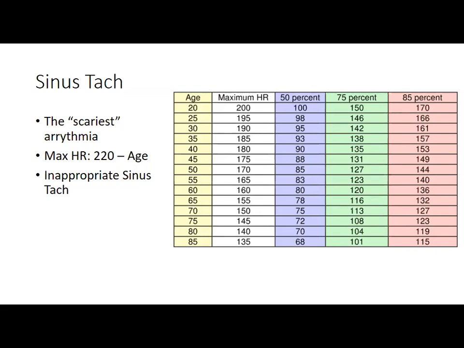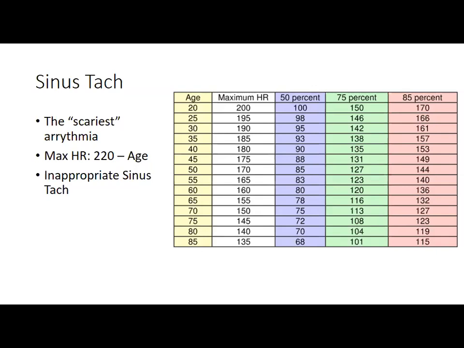So for young people, your max heart rate can get up to 200, but for our elderly population in their 80s and 85s, their max heart rate is going to be 140, 135, even lower as you start to get into your 90s. Those patients should not be tachycardic to the 130s, no matter how much they're exerting themselves.